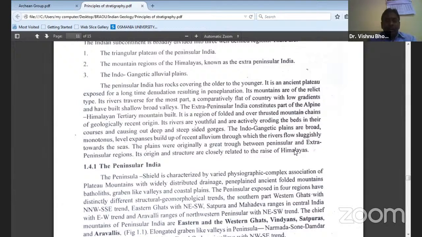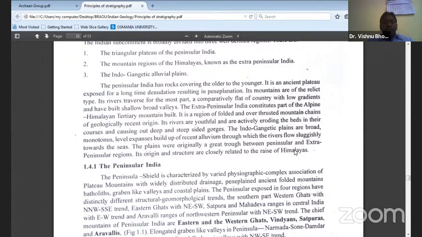And next one, Indo-Gangetic plains. The Indo-Gangetic plains are very broad, a level expanse consisting of recent alluvium from rivers flowing towards the seas.